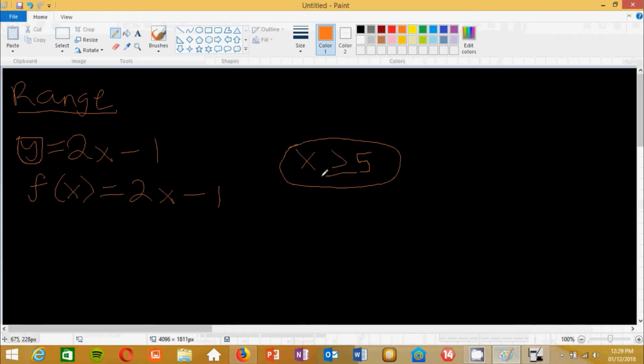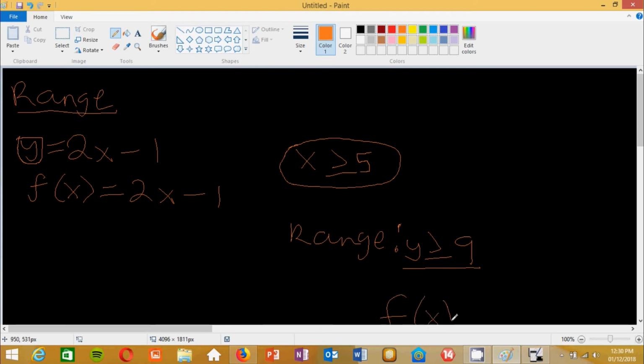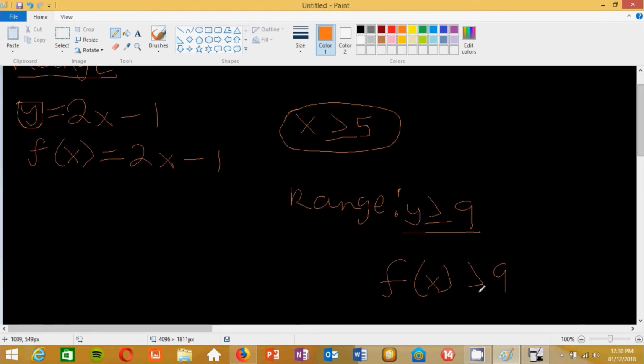So what that means is the range of this function is therefore y is greater than or equal to 9, or f of x is greater than or equal to 9. That is going to be the range of my function here. And I have done this by looking at the graph.